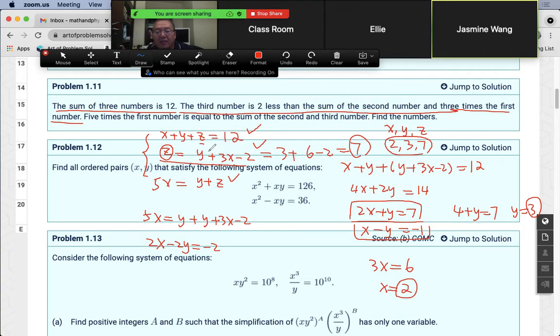So 2 less, that means this number is smaller than y plus 3x. That's 2 less, so minus 2 will equal this z. And the third one, it's easy. 5 times the first number is equal to the sum of the second and third number. So the first number is x. 5 times x equals y plus z.